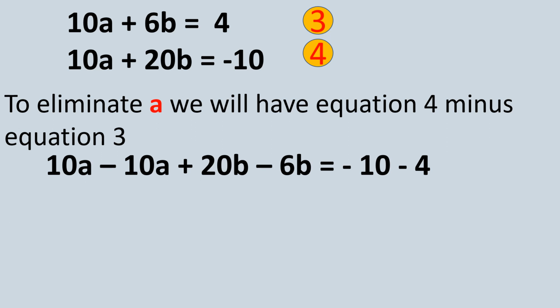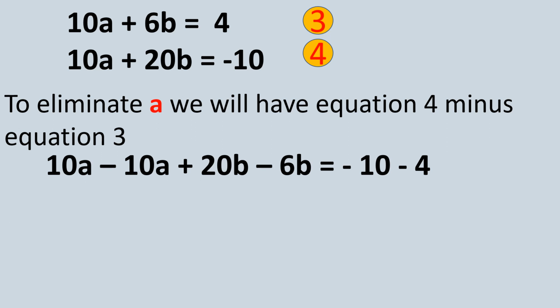So we have 10A in equation 4 minus 10A in equation 3. Also in equation 4 we have 20B, and in equation 3 we have 6B. Since we're subtracting 3 from 4, it will be 20B minus 6B.